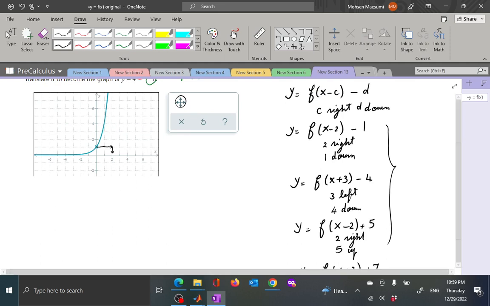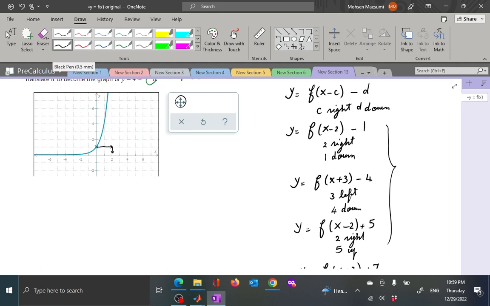We said a higher level understanding of this thing that avoids so much memorization and has a foundation that can be applied elsewhere is to put the modifier next to the quantity that is modified. So what does this mean? So for example here, f of x minus 2 minus 1, this 2 affects horizontal movement, so 2 to the right.